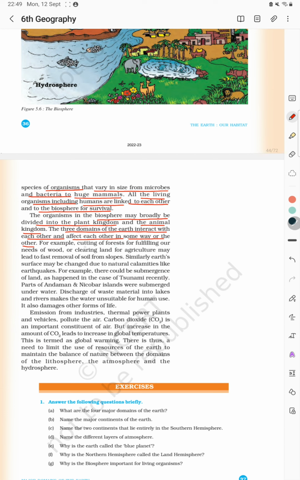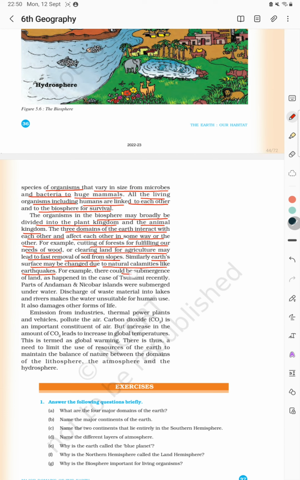For example, cutting of trees for fulfilling our needs for wood or clearing land for agriculture may lead to fast removal of soil from the slopes. Similarly, Earth's surface may be changed due to natural calamities like earthquake.